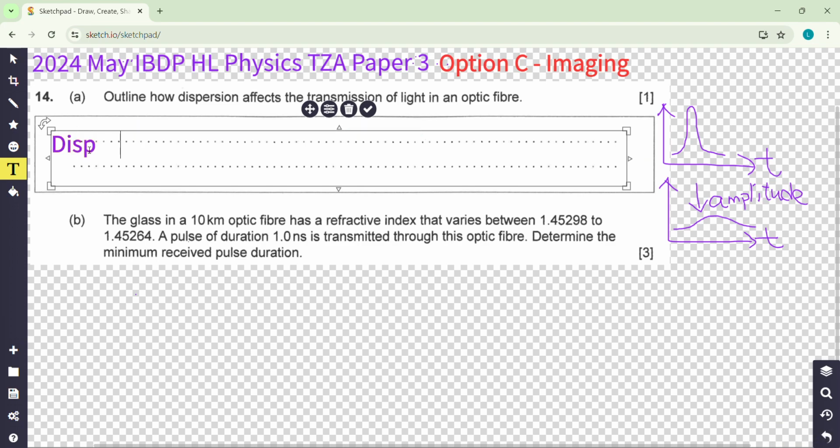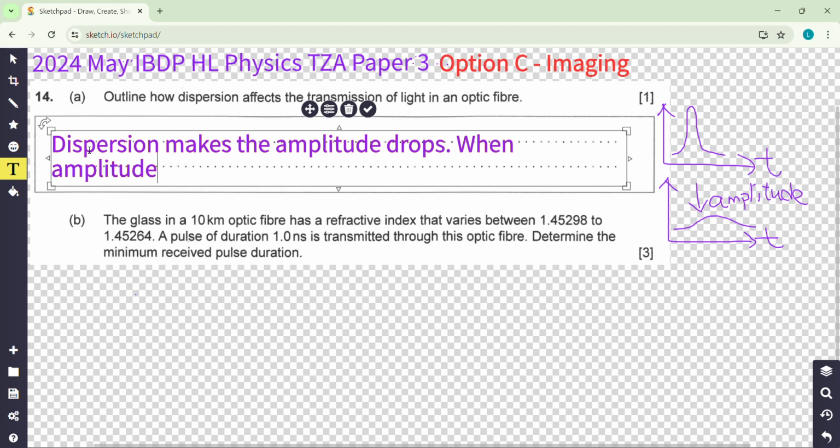Dispersion makes the amplitude drop. When amplitude drops to a low level, extra amplification is needed.